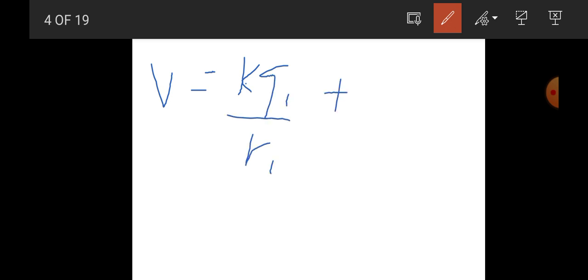To solve this, the electric potential V is equal to k Q1 over R1 plus k Q2 over R2. This is R2.